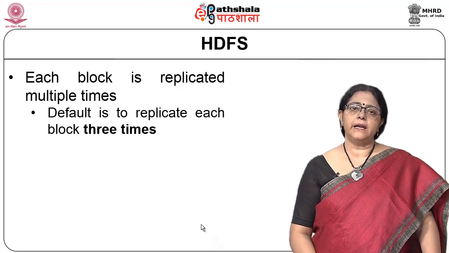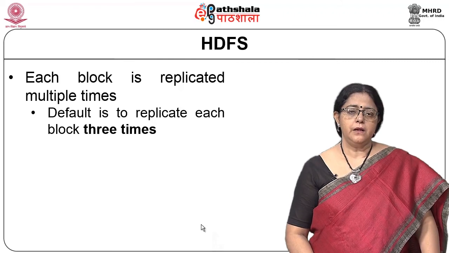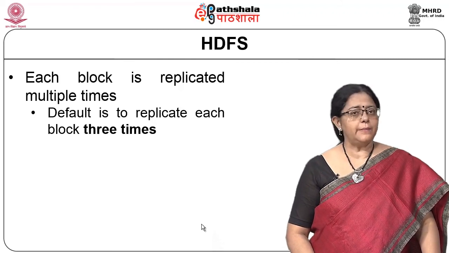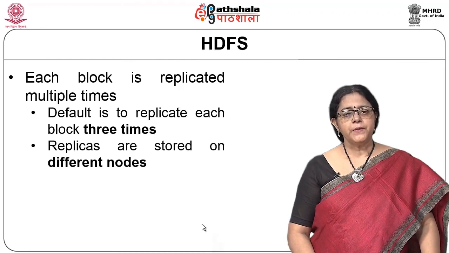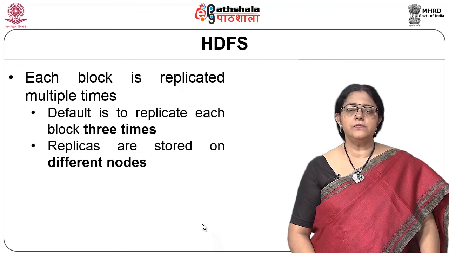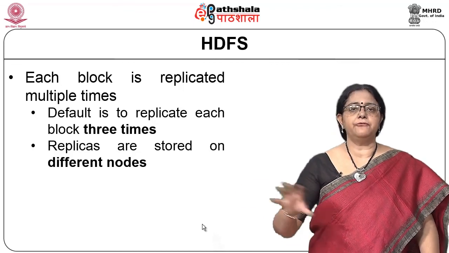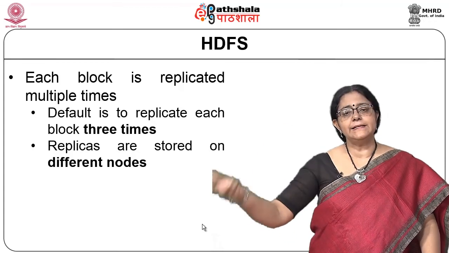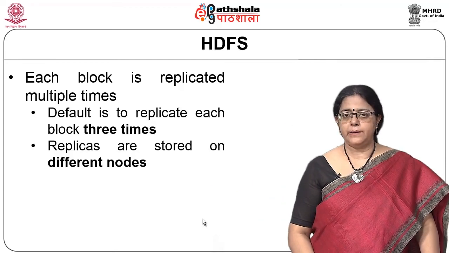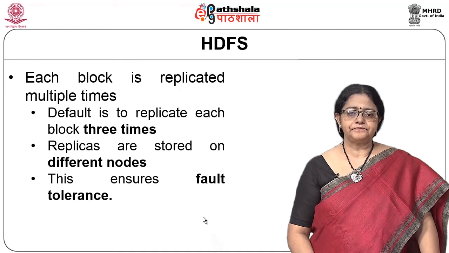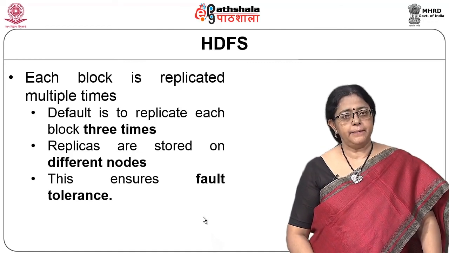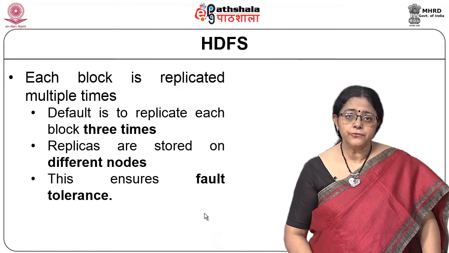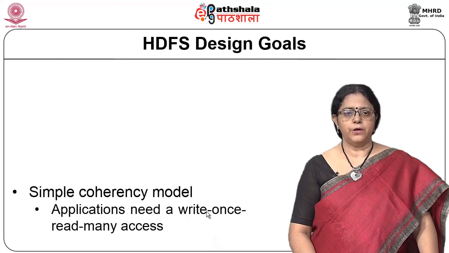Hadoop's default mechanism is to replicate 3 times, but based on the requirement it can be less or more. These replicas will be stored in different nodes. Why different nodes? Because if one node fails, the other node will still have the data, and thereby Hadoop ensures that it is a fault tolerant framework.